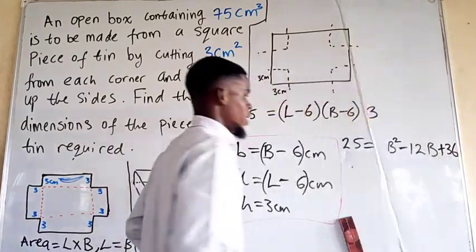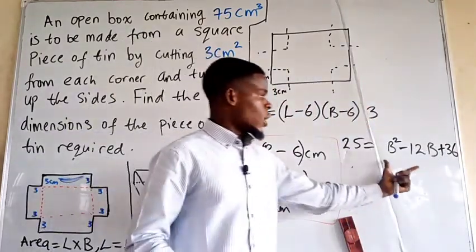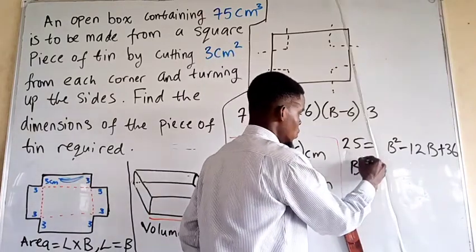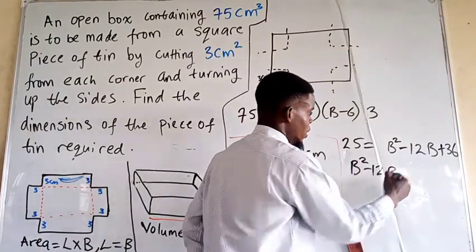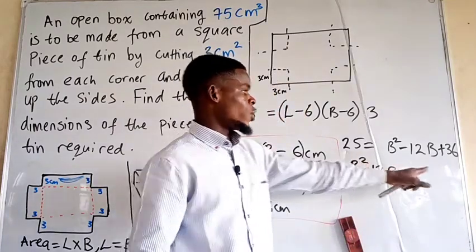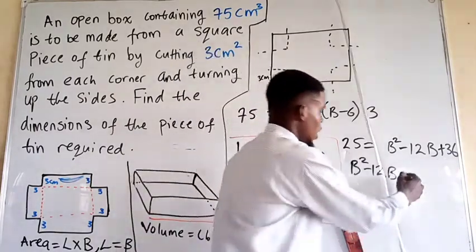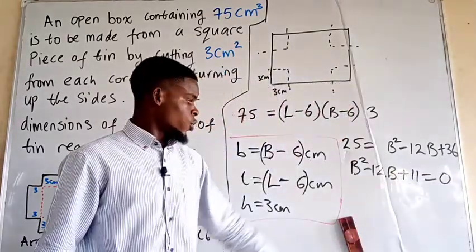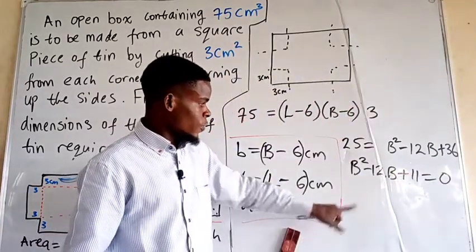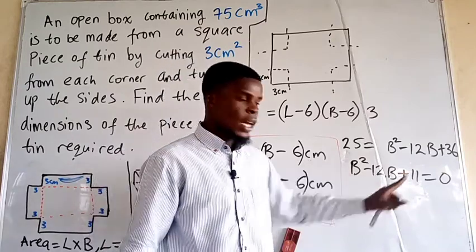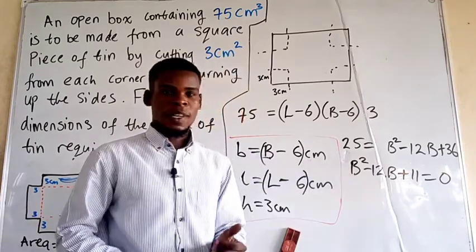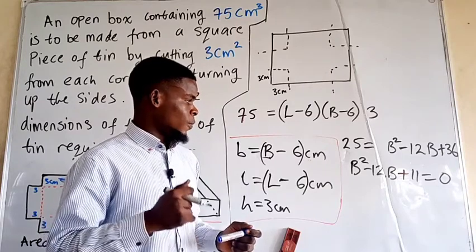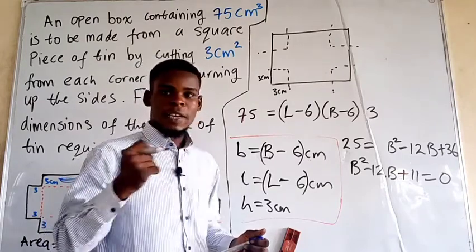Then the next thing we do is to go ahead and solve this quadratic equation. We have that B squared minus 12B, then if you subtract 25 from 36, we're going to have plus 11. This is equal to 0. So we seek two factors whose product will give us the product of 1 and 11, and whose sum will give us negative 12. In fact, the two factors are negative 11 and negative 1.